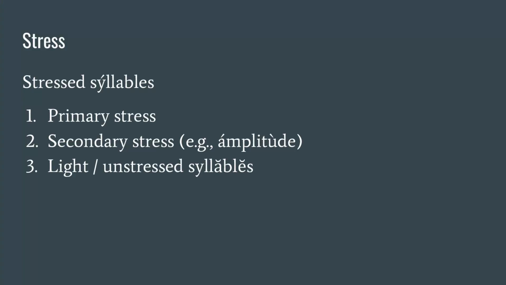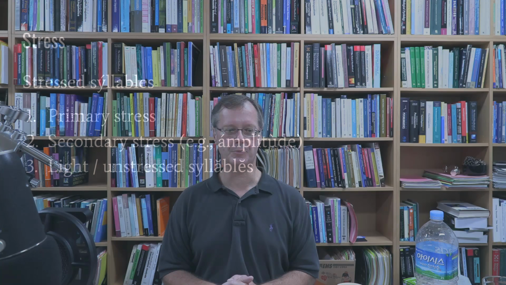We have primary stress. Most content words, nouns, verbs, adjectives, adverbs, main verbs, that is, have a primary or main stress. Longer function words, like though, kind of have a main stress, although it's not as strong.